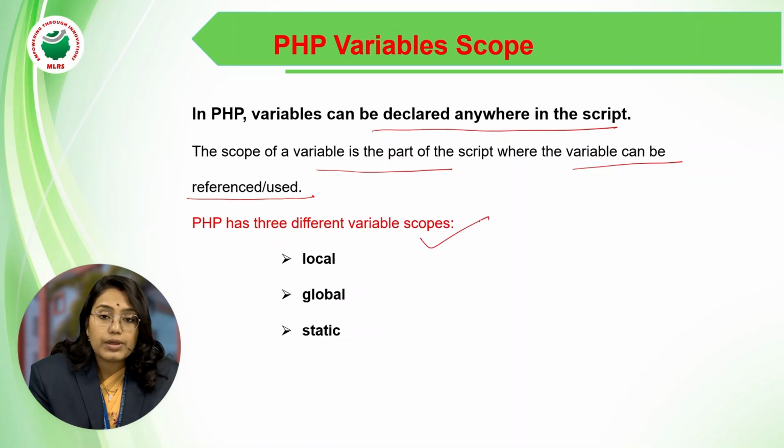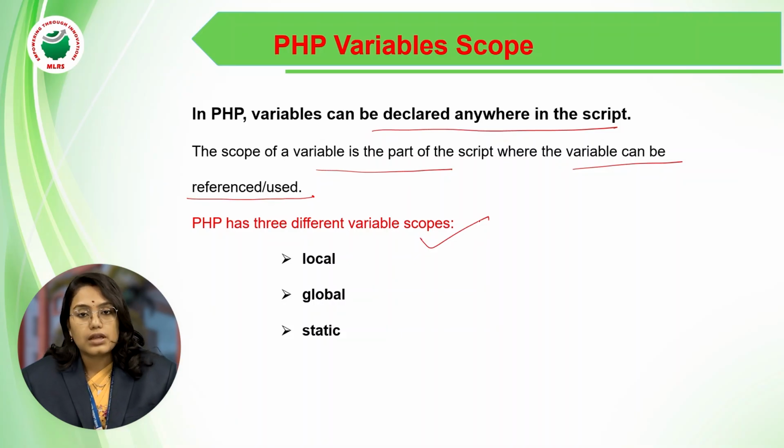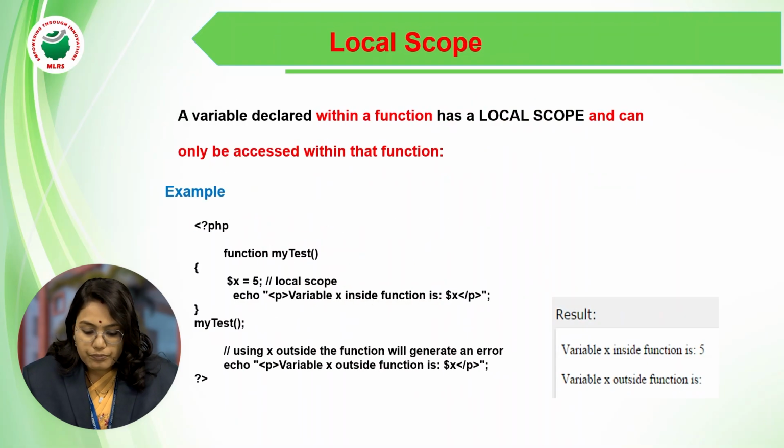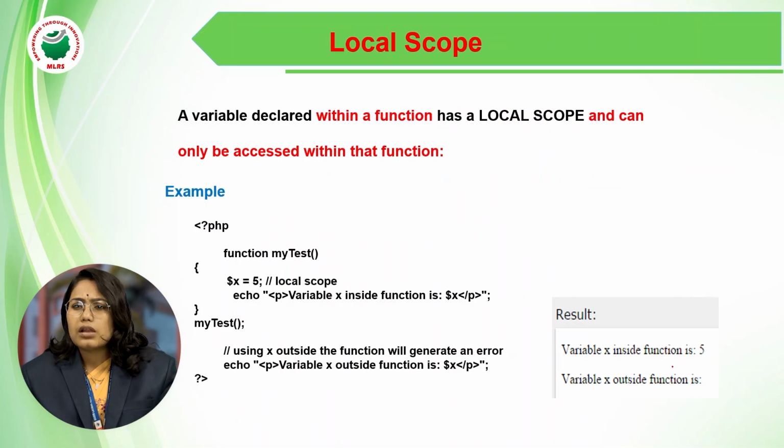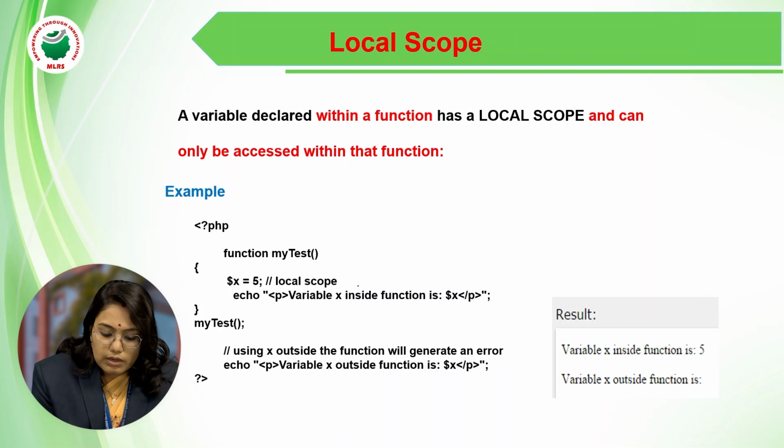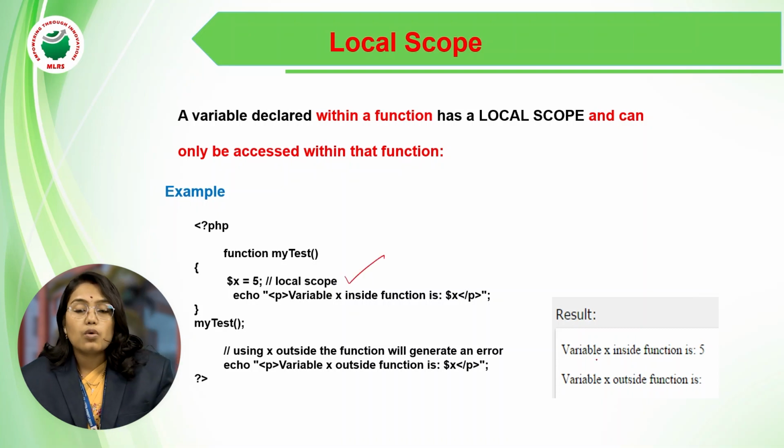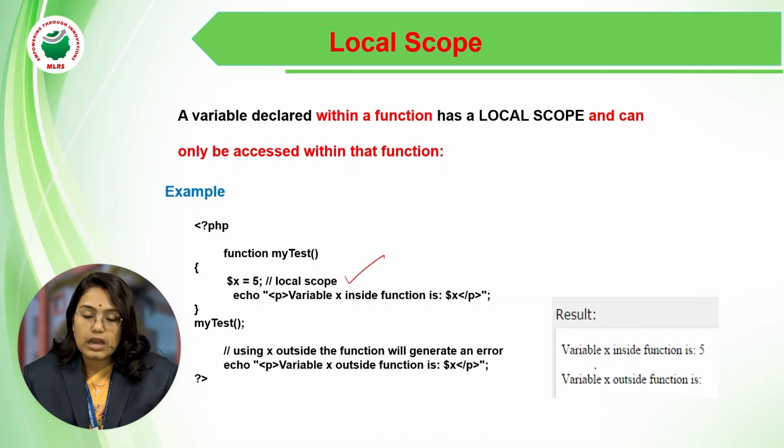Now, let's see how many types of variable scopes there are. There are three different types of variable scope: first is local, second is global, and third is static. Now, let's see what local scope is. Local scope means we are declaring a variable in a function, and it can only be accessed within that function.